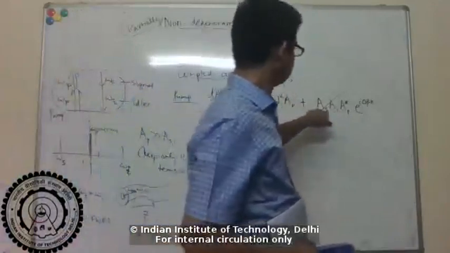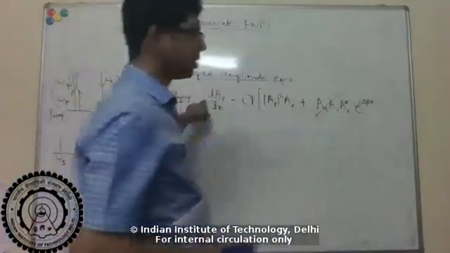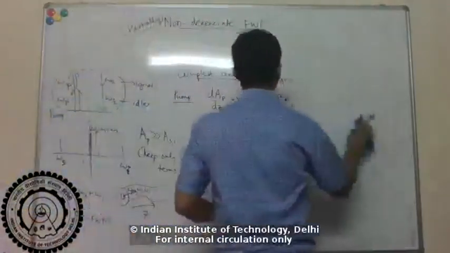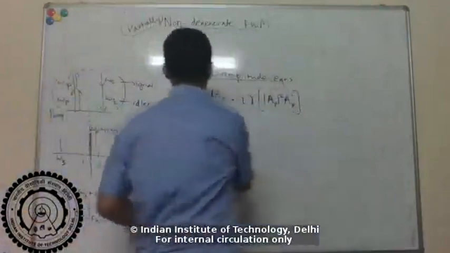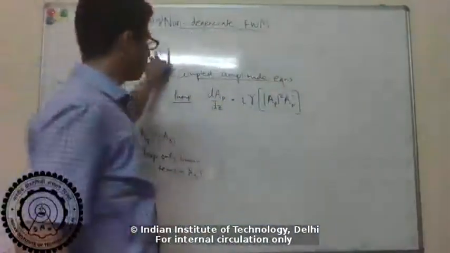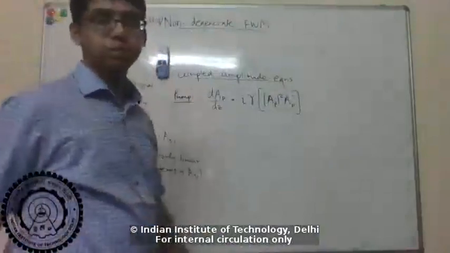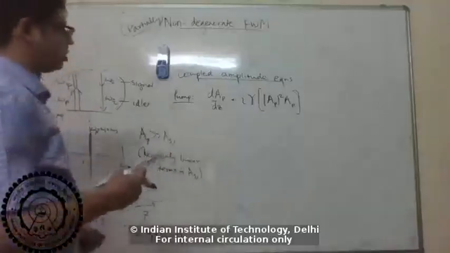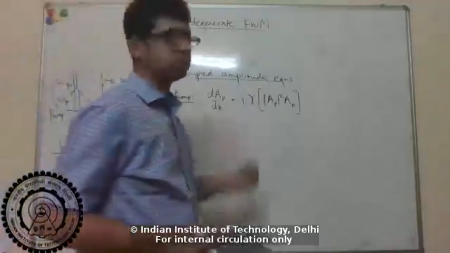So I'm getting product of three waves as the fourth. But okay, so basically for the pump, that's the only term we keep, and say all the others are much smaller. So this is just basically self-phase modulation from the pump.